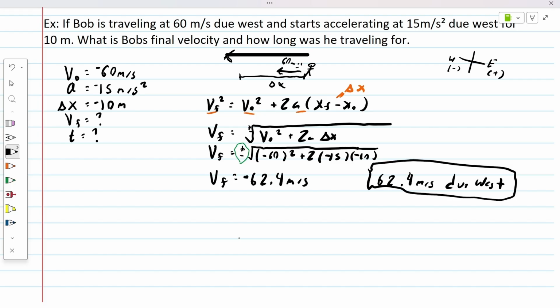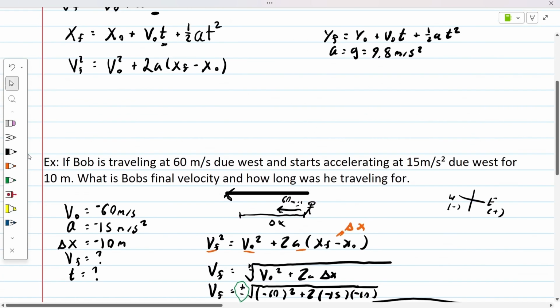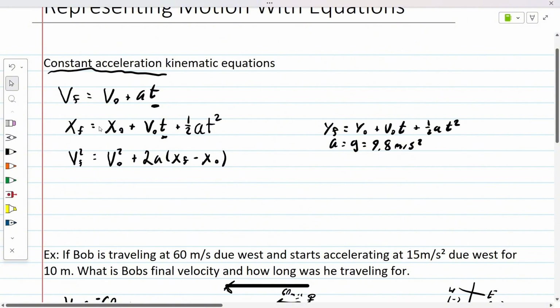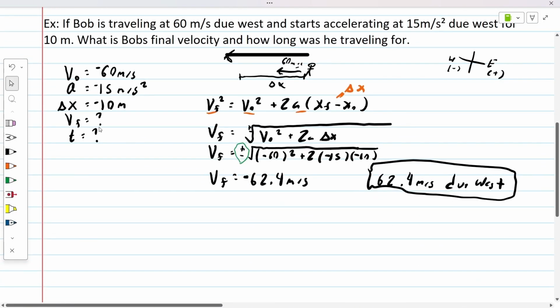Okay, but now we need to know how long Bob was traveling for. Now that we have this v final, we could use this first equation. We could also use the second equation, but we would have to use the quadratic formula since we have these t squareds. So this first equation will be much easier to use.